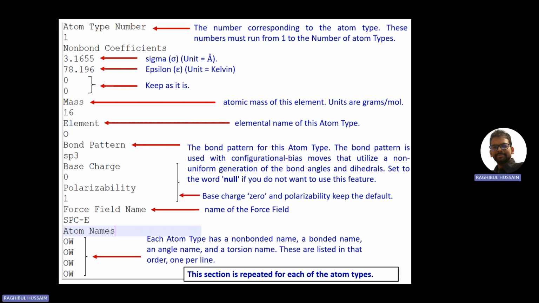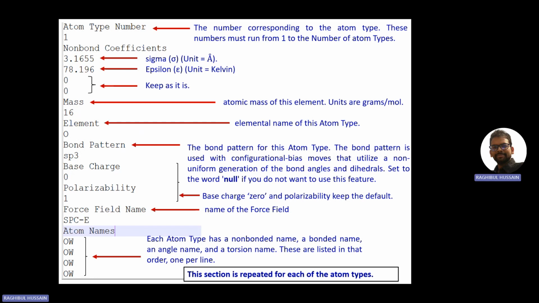For non-bonded coefficients, four variables are defined. In your file, you can find four lines, but we are going to use only two lines. The other two lines we are not going to use for the LJ potential type. In LJ potential, we need only sigma and epsilon. The remaining will be 0. The first will be sigma, the second will be epsilon.